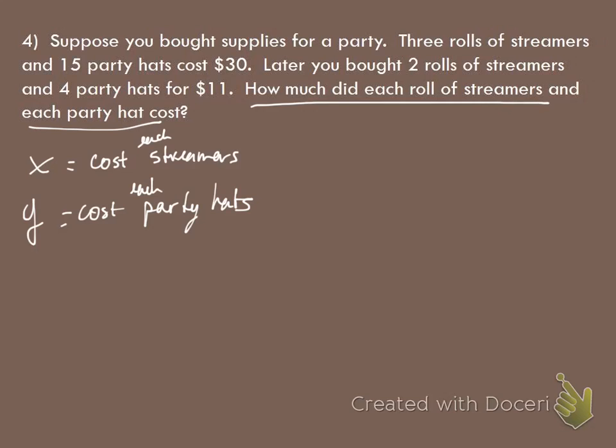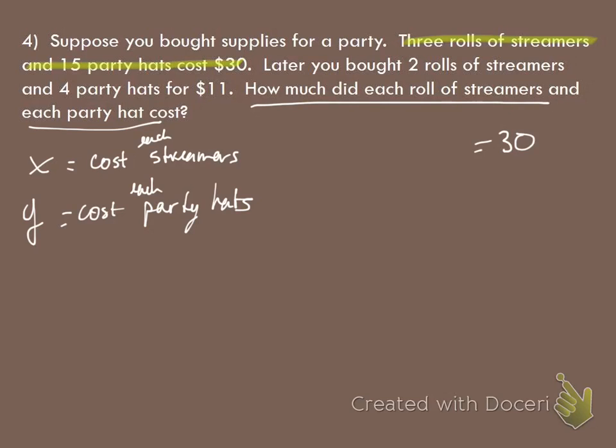Okay? So, if we look at the 2 equations, since we have 2 variables, we're going to need 2 equations. And the 2 equations come from the 2 times you went to the store, right? So the first time you went, you got 3 streamers and 15 party hats, and that cost you $30, right? That's your total cost.